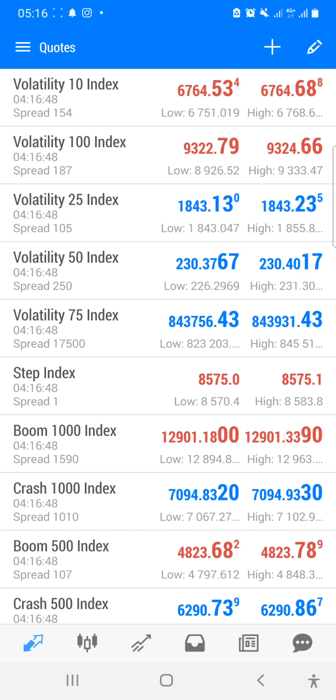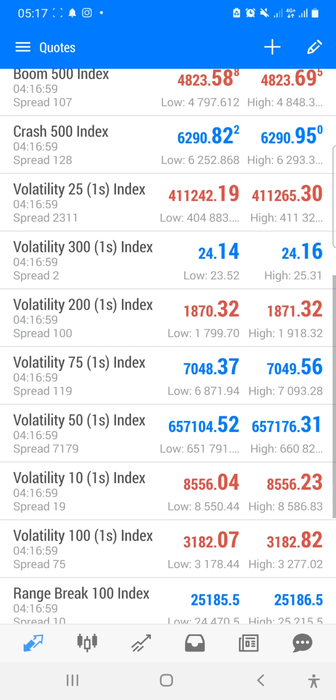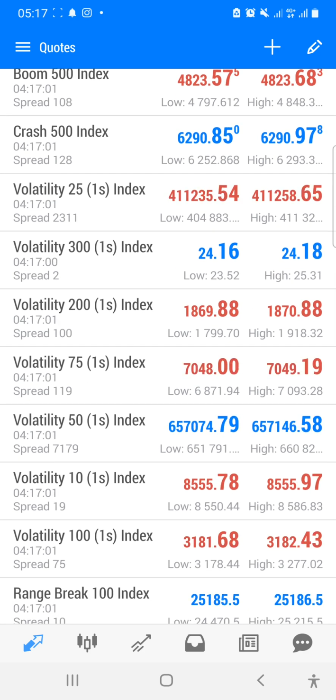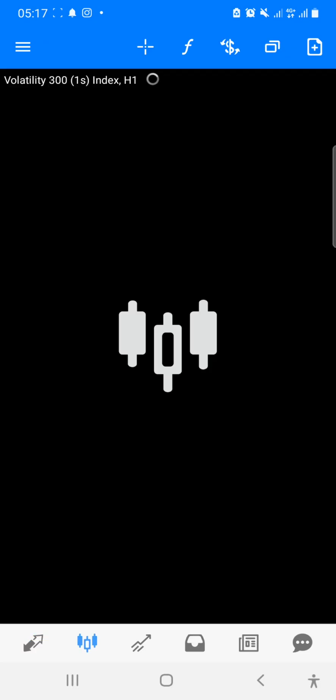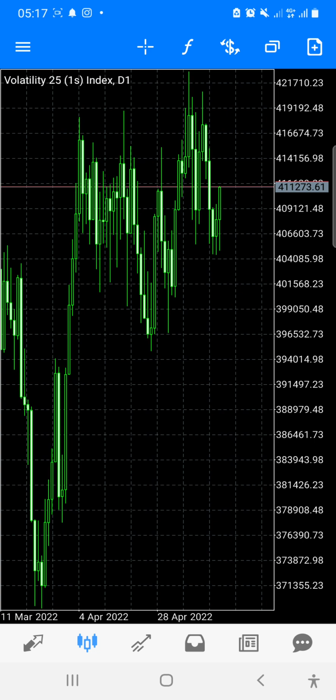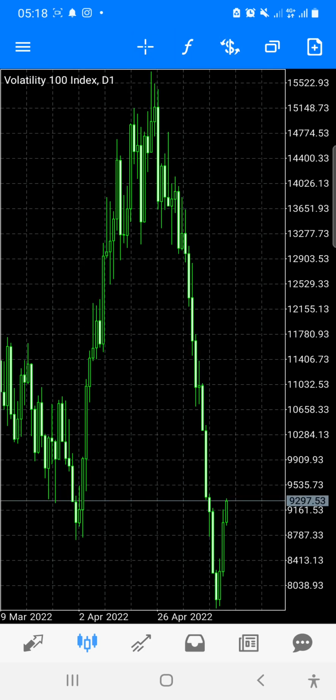What is at the back determines the speed at which it moves. Just take note that volatility 100 index among the normal indices is the fastest.